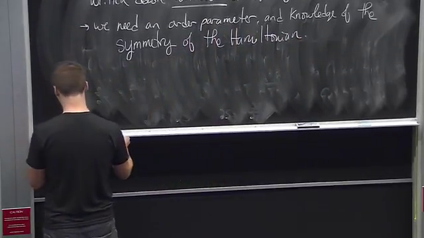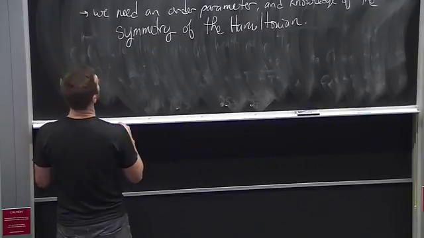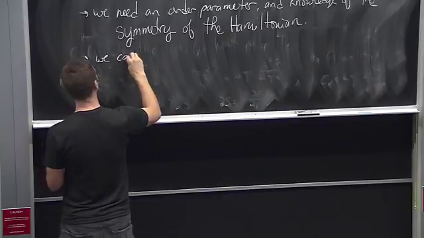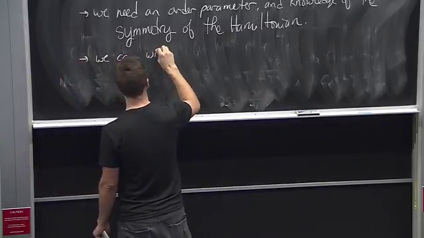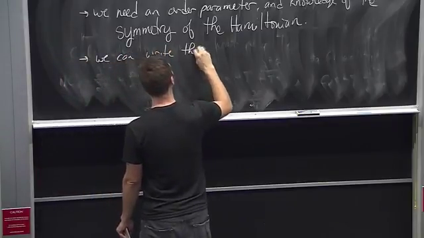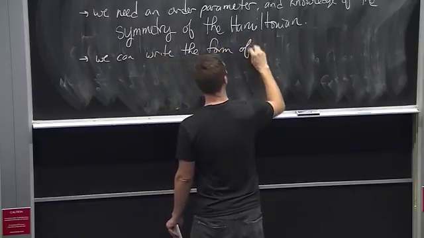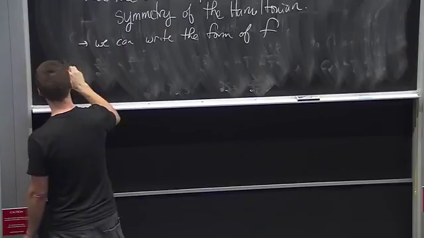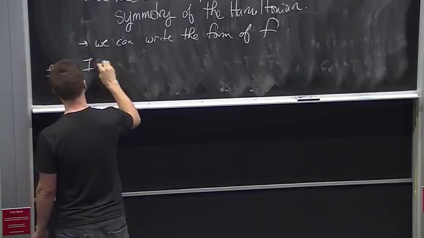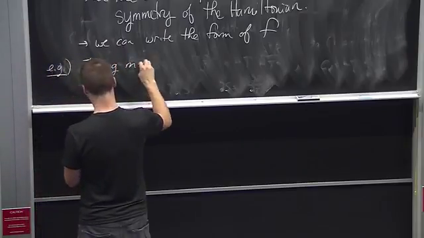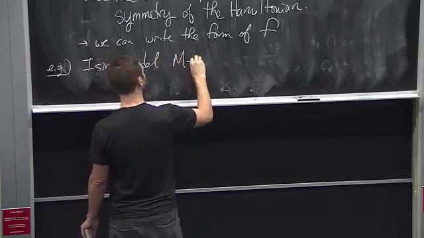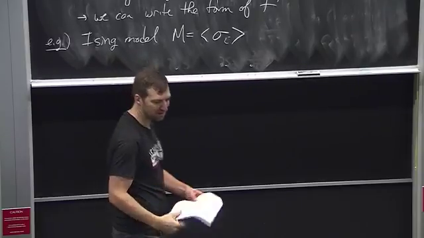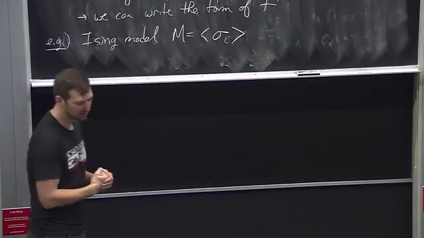So we need an order parameter, knowledge of the symmetry of the Hamiltonian, and then we can write the form of F, the free energy density. So in our case, we have an order parameter. It's the mean value, if you will, of all the spins.